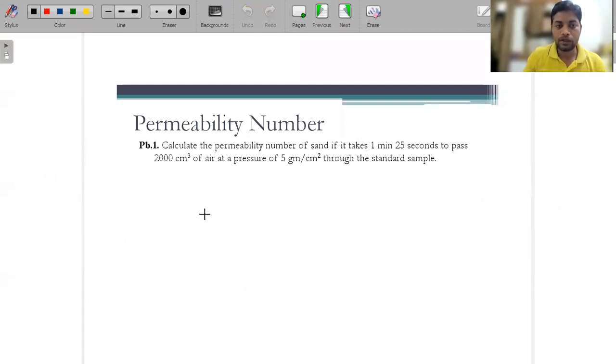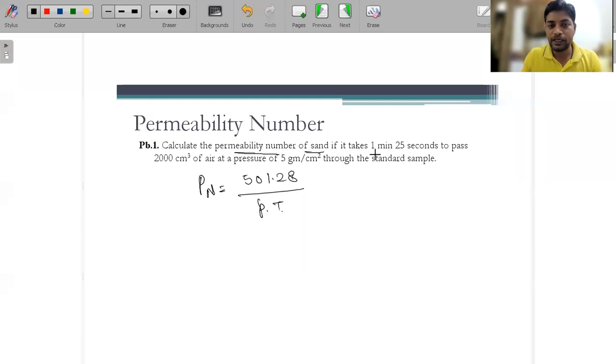Calculate the permeability number of a sand. That is PN we have to calculate, and we have seen that it is 501.28 upon p into t. If it takes 1 minute 25 seconds to pass 2000 centimeter cube of air at a pressure of 5 gram per centimeter square.